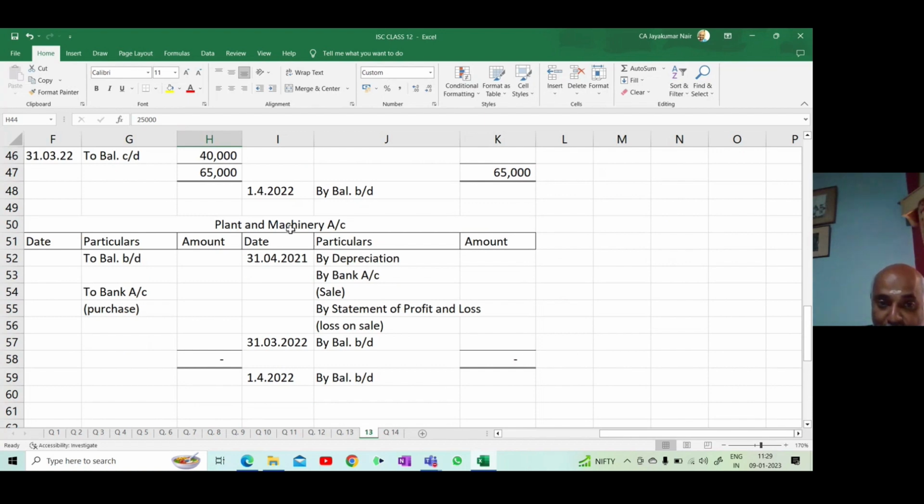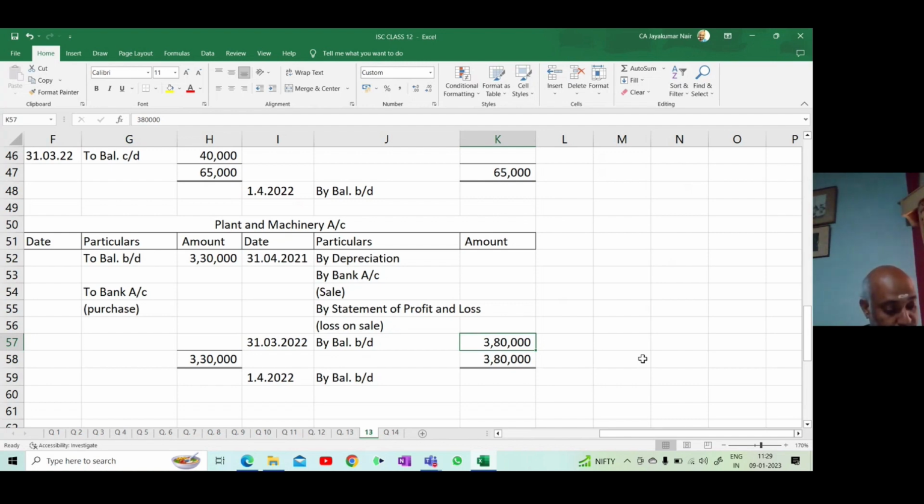Now open the plant and machinery account. Plant and machinery is an asset. An asset will have a debit balance. Opening balance is 3,30,000. Your closing balance is 3,80,000. What is the depreciation for the year?